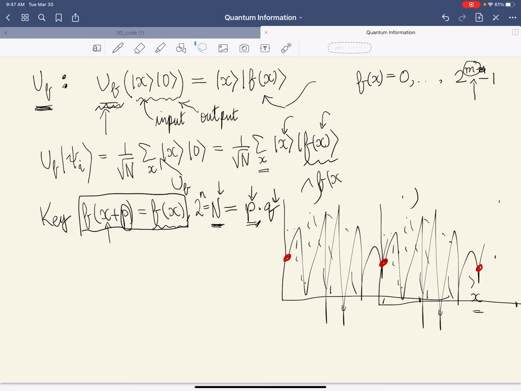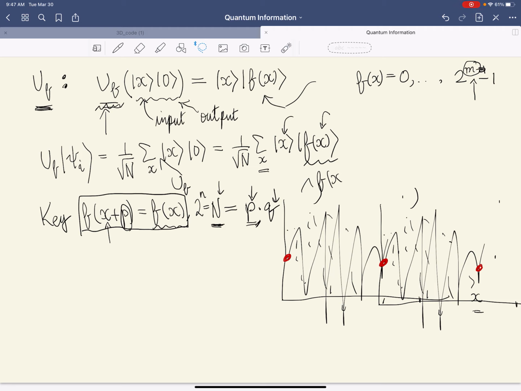And it's going to be even less obvious if the period p happens to be a rather large number, like, who knows, maybe 10 to the 5. It turns out that identifying the period of a function that has such a large periodicity is quite a challenging problem for a classical computer.